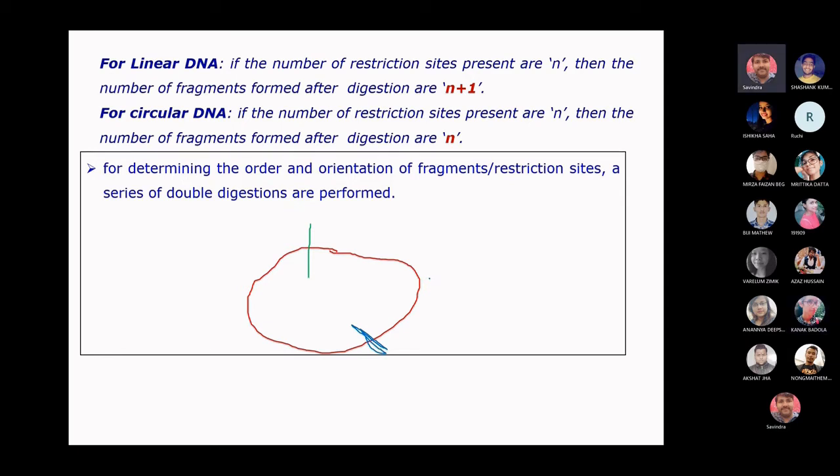Okay. But what will happen if you digest the same circular DNA with X and Y, with Y and Z, with Z and X?